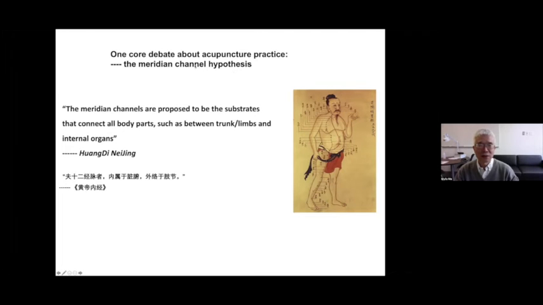It's still very controversial, but if you look at the core idea, the meridian channel is supposed to be a vehicle or substrate that connects all body parts, such that when you stimulate the trunk, limb region, or any somatic tissue, somehow it can influence the internal organs.